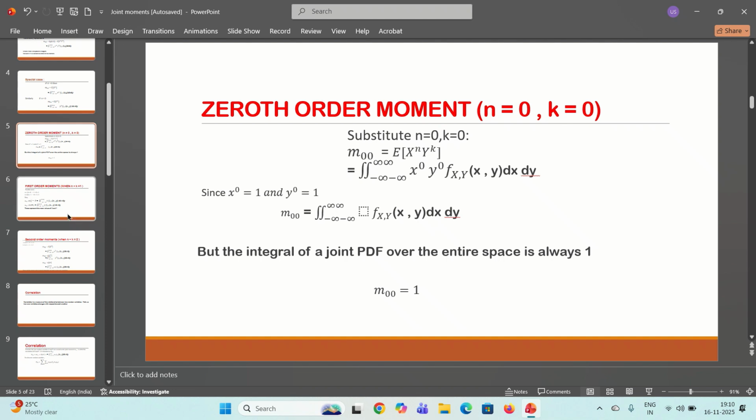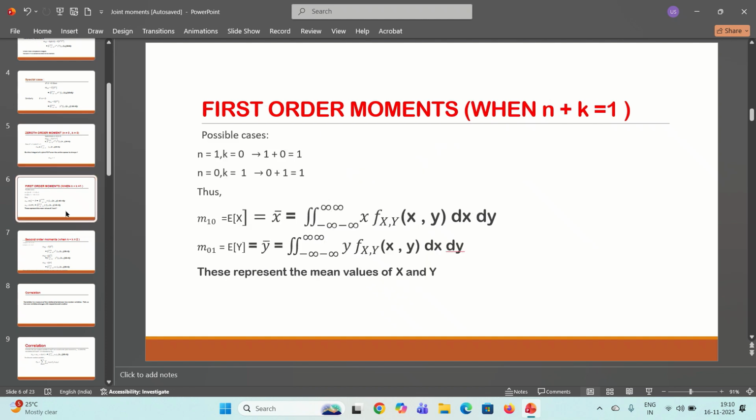Let us see the first order moment in joint moment about the origin. The first order moment is taken when the sum of n plus k equals 1.